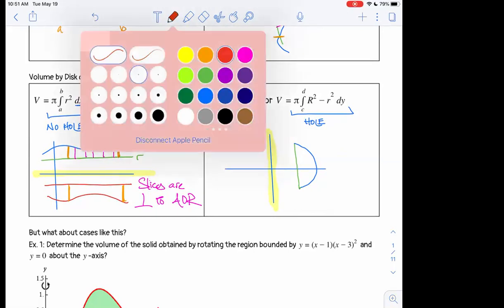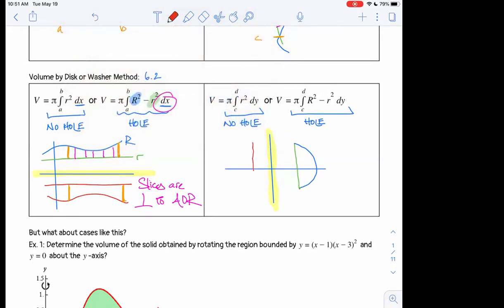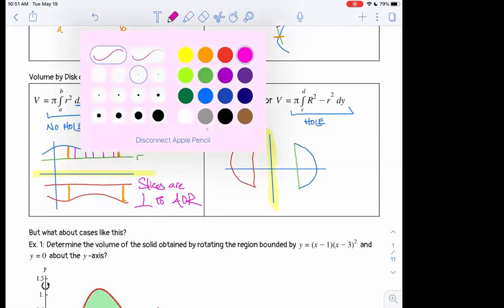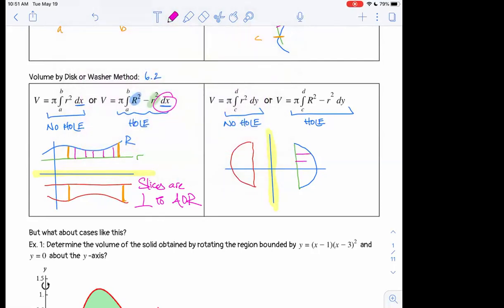And so if we even draw our reflection, we get something kind of like this. And any lines that we would draw would go this way. And all those pink lines are perpendicular to the axis of revolution. And those pink lines do not touch the yellow line. So that means I'm going to have a hole in the middle.